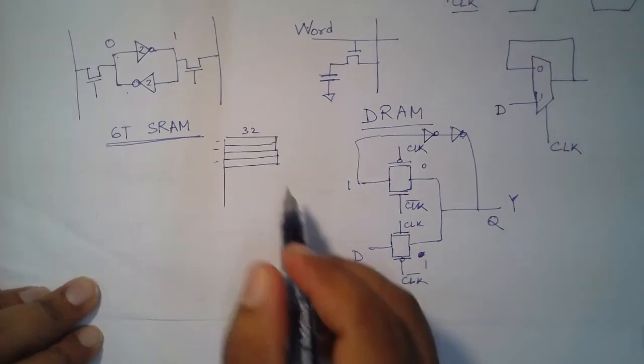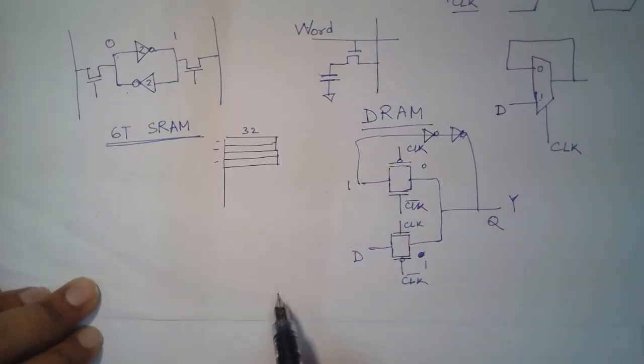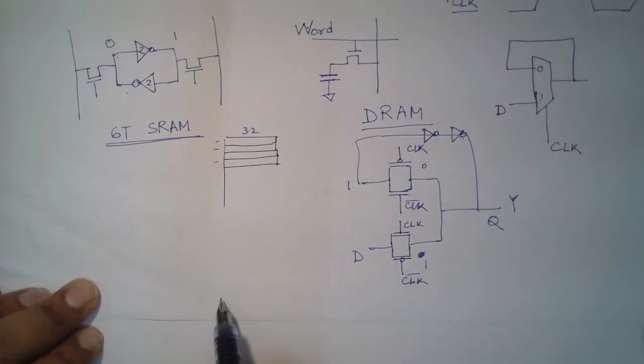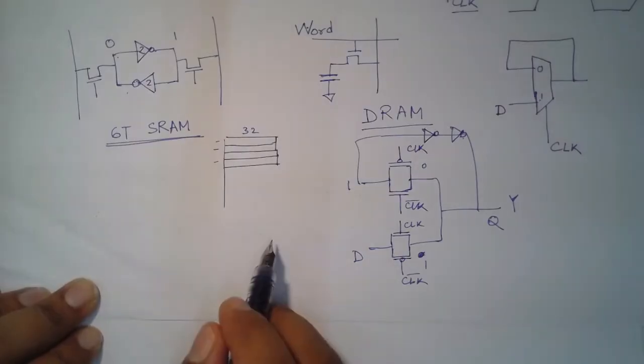And now, since I have, let us say, 32K memory, I will have 1000 such rows, right.